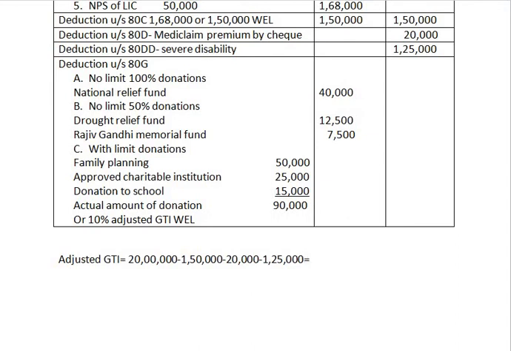So just check out the balance: 20 lakhs minus 2,95,000 is 17,05,000 rupees.